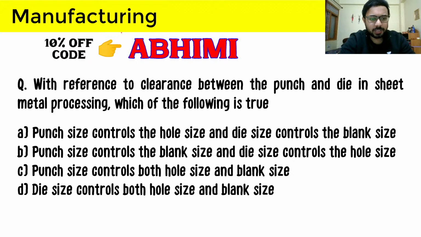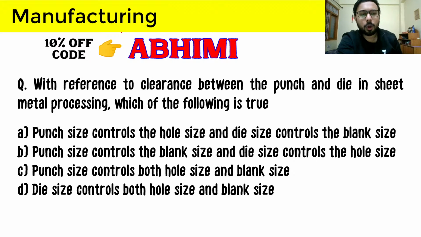Option B: punch size controls blank size and die size controls hole size. Option C and D: punch size controls both hole and blank size, and die size controls both hole size and blank size.